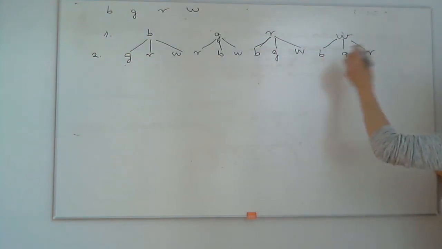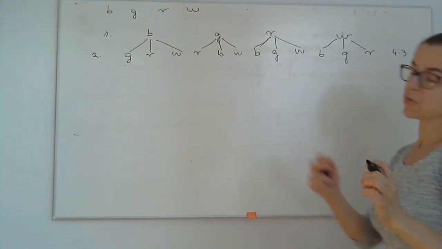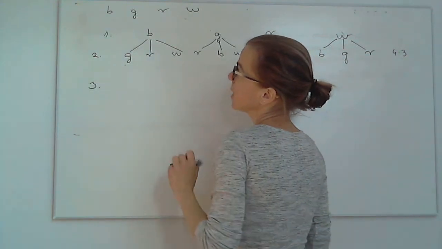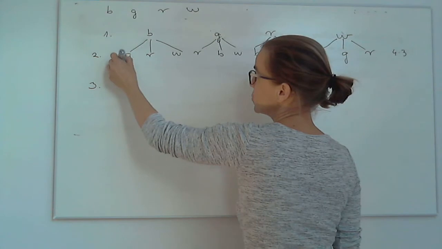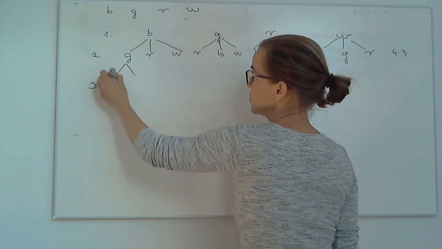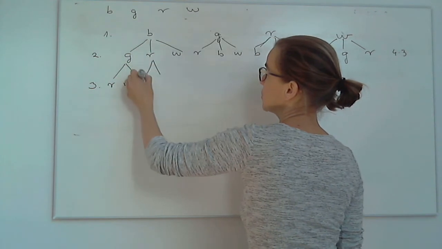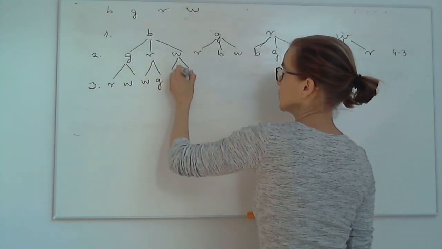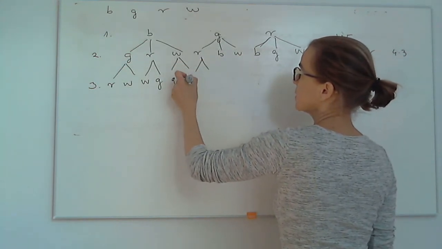So the possibilities already count to 4 times 3 when you filled up the second slot when ordering the 4 balls. Now comes the third slot. Here you can choose any of the 2 remaining colors. So this is going to be red or white. Here you have white or green, green or red. Oops, not enough space.